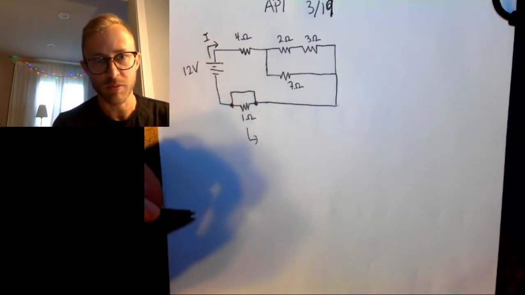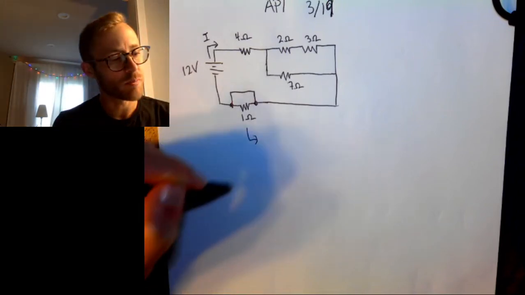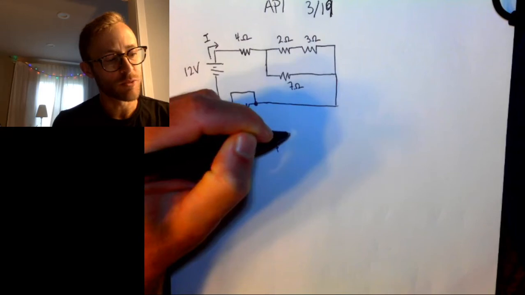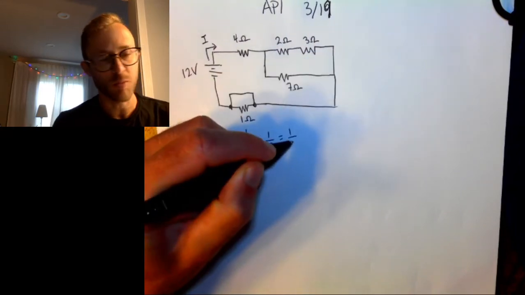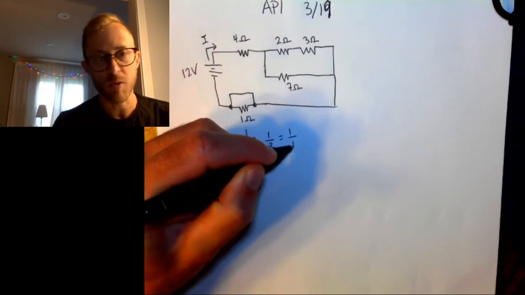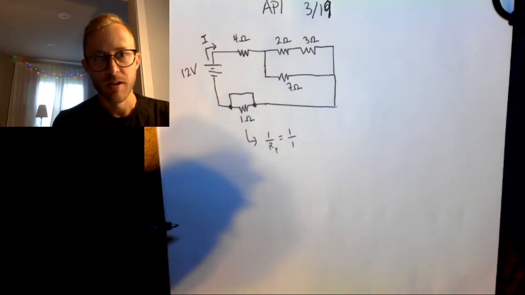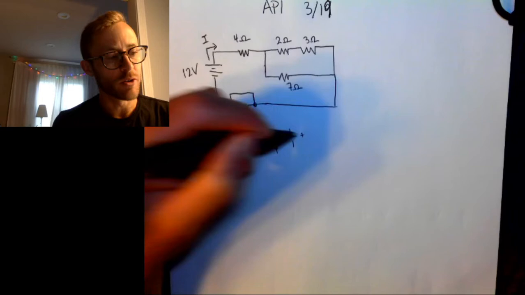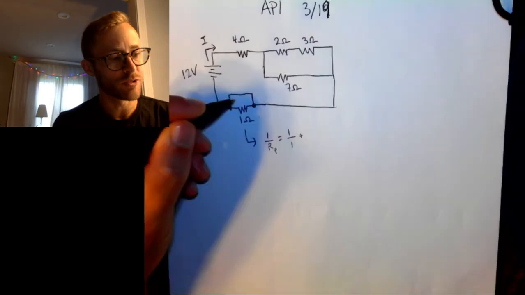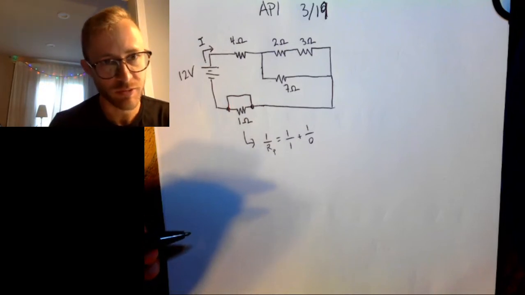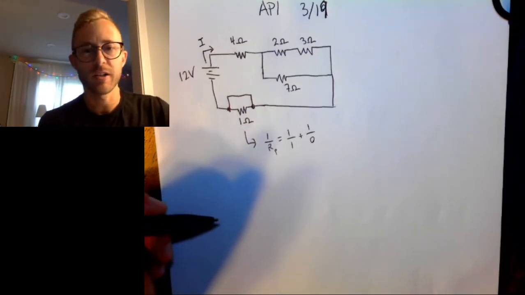Let's use the formula for R sub P. 1 over R sub P equals 1 over the first resistor, which is 1, plus 1 over the second resistor, which is 0. Now, 1 over 0 is infinity in physics, and in math it's not defined.